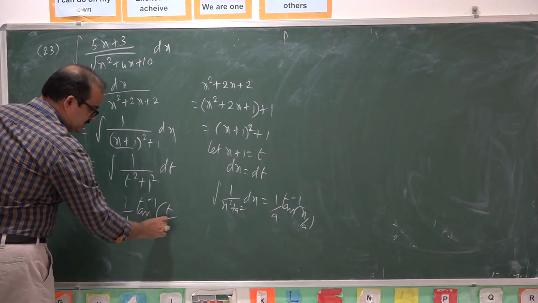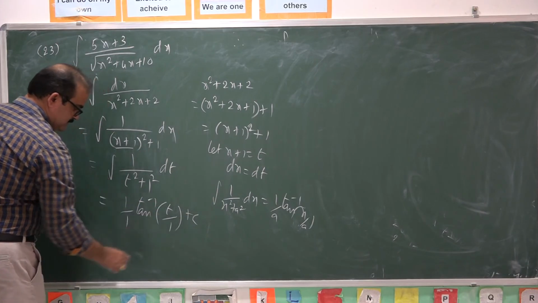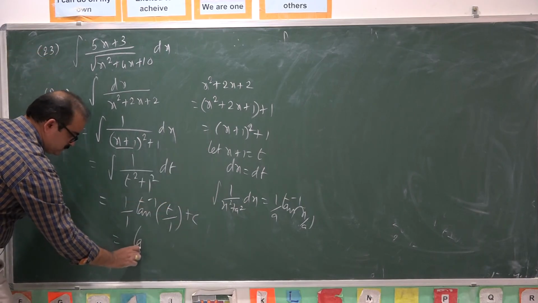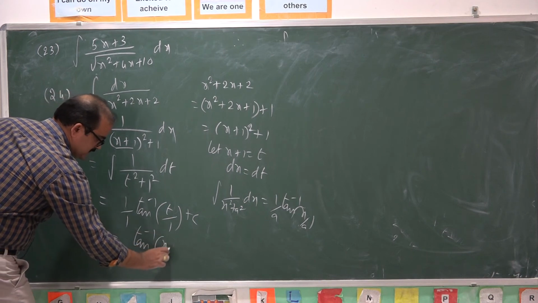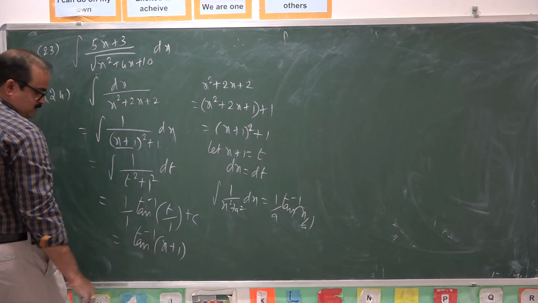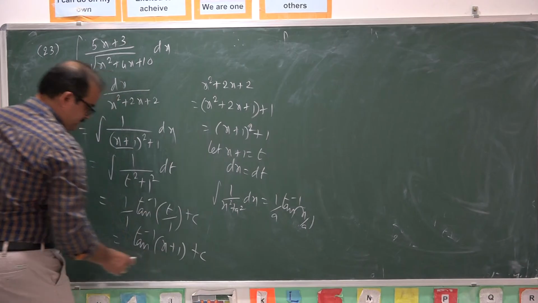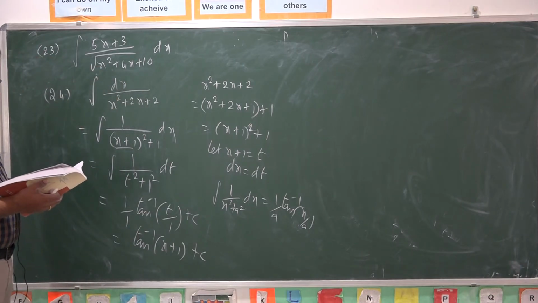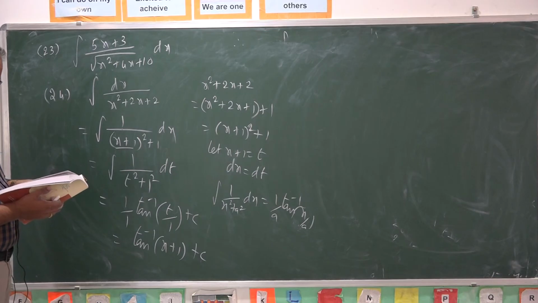X is t, a is 1, plus c. What is t from our assumption? X plus 1. So tan inverse of x plus 1 plus c. There are 4 options given to this problem. In the textbook, option B is correct.